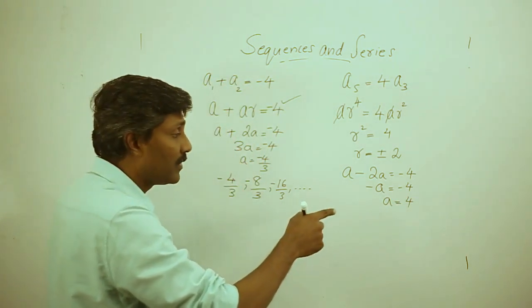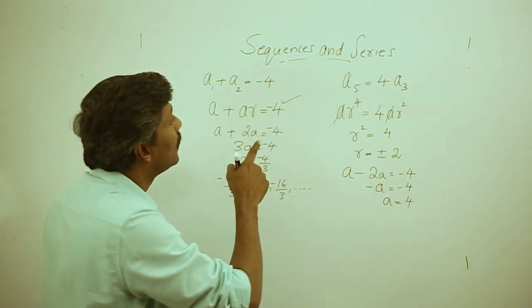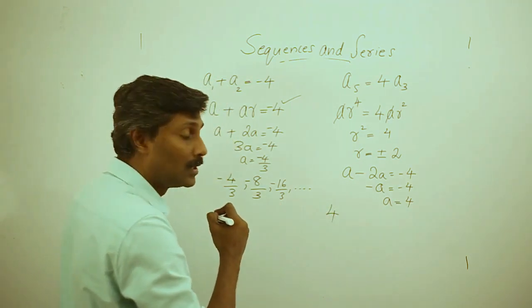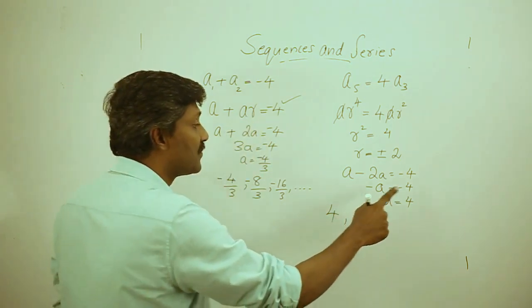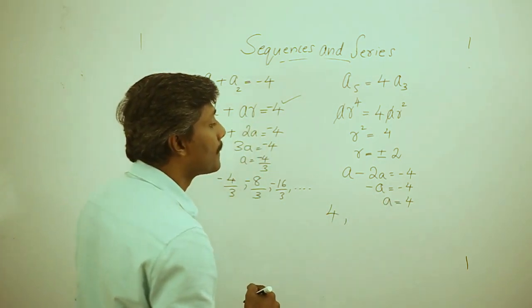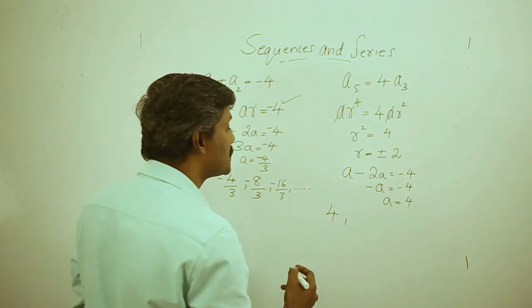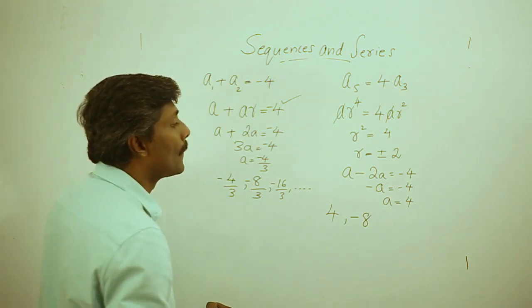And if I substitute the values here, what is the first term? A is 4. And what is the second term? It is AR, which is 4 into, what was R? R is minus 2, right? So it is minus 8, okay?